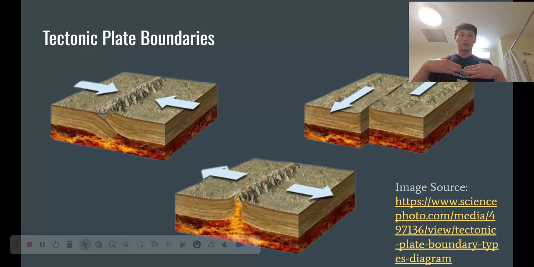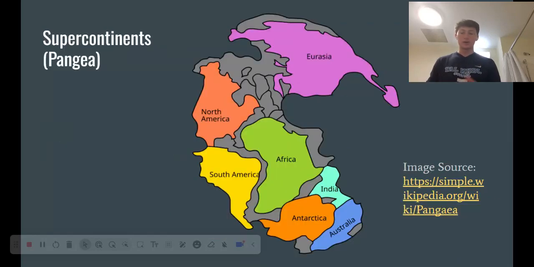And in here, it creates an ocean basin. And then here on the right, we have the transform tectonic plate boundary, which I'm not going to talk much about. But let's get into supercontinents.